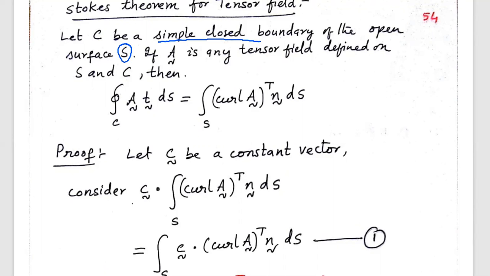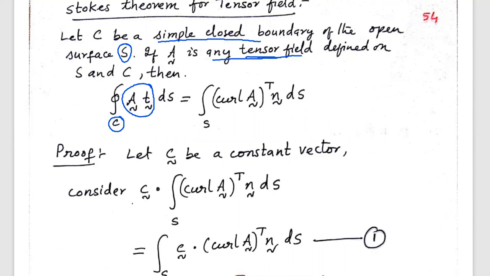And if A is any tensor field defined on both S and C, then we have the line integral over the closed curve C, A T ds, the ordinary product A T. A is any tensor field.